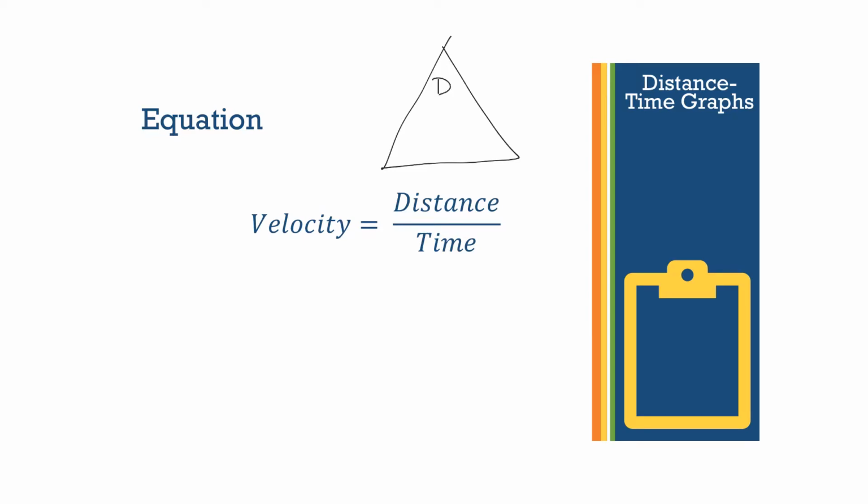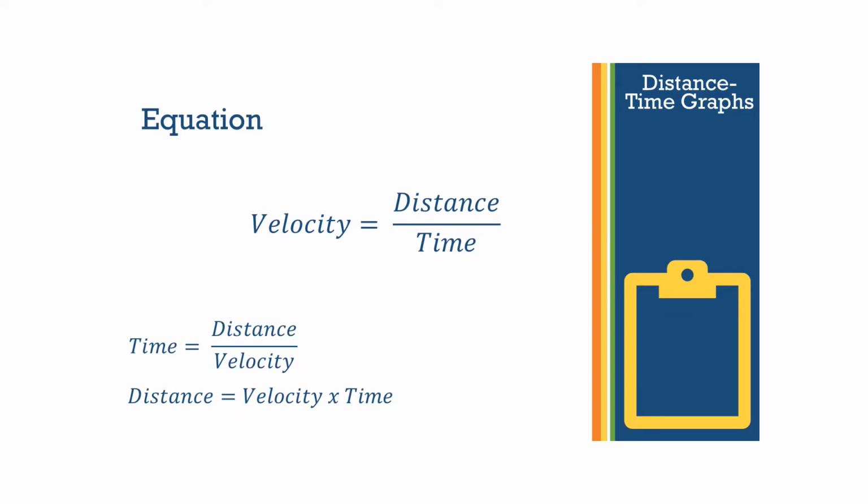We've got distance divided by time, and that leaves velocity to go in the gap. By covering up the one we want to find, let's say time, that gives distance divided by velocity, or if we want distance, that gives us velocity times time. I've written them out here just so you can see them.